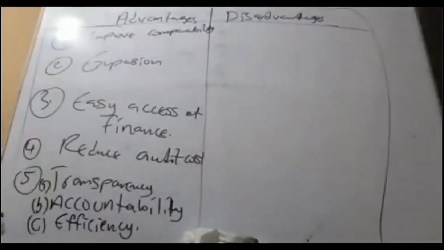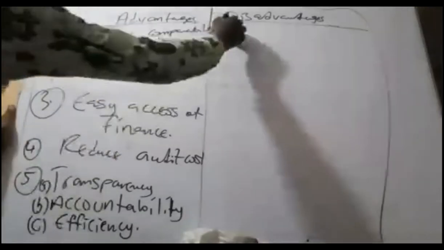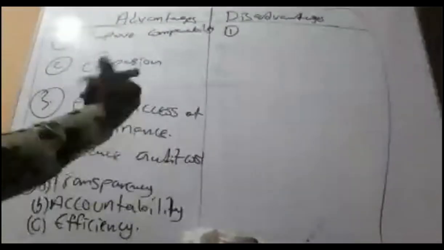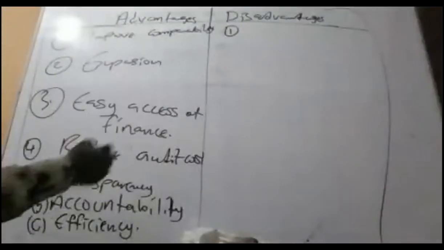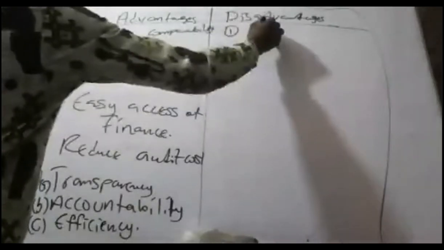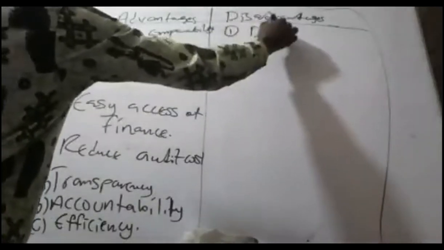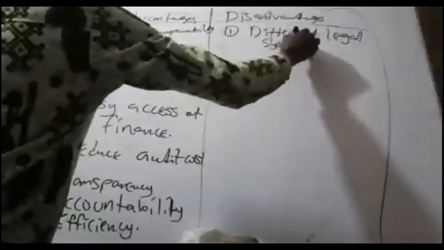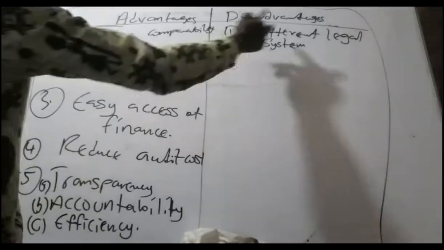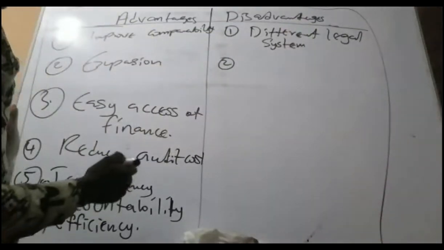Now let's go to the challenges that we have with the IFRSs that deter a lot of people to boycott it. Challenge number one. The IFRSs normally does not support a lot of legal systems. So different legal system. Point number two, legal system moves with culture, different culture.